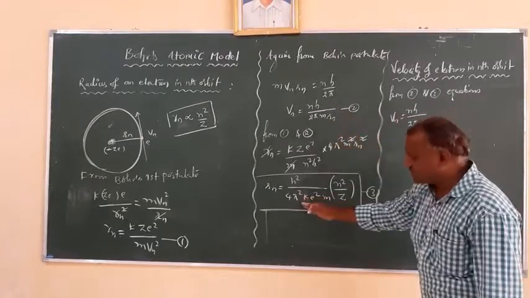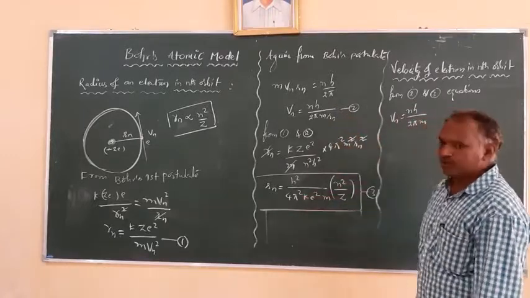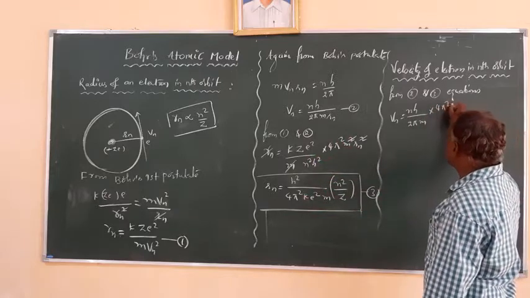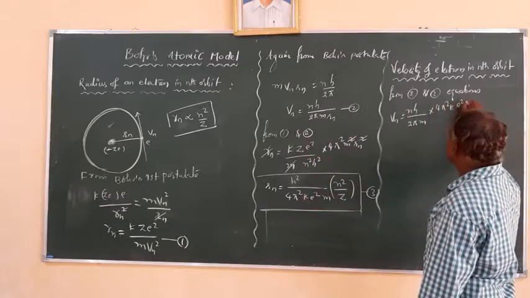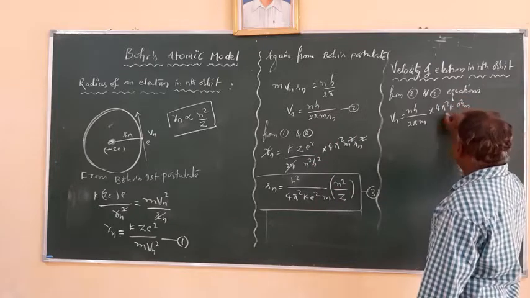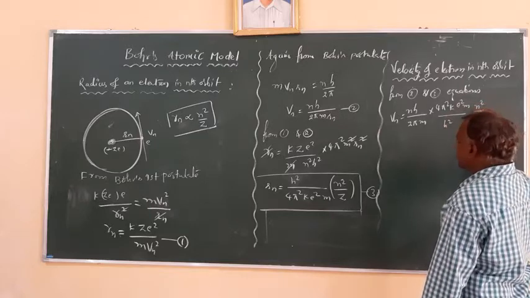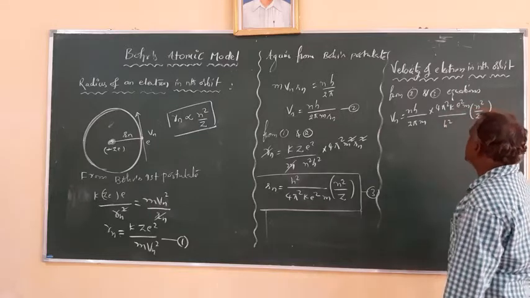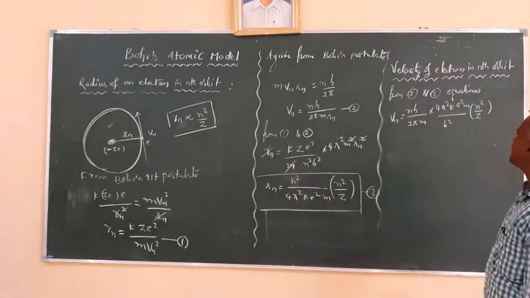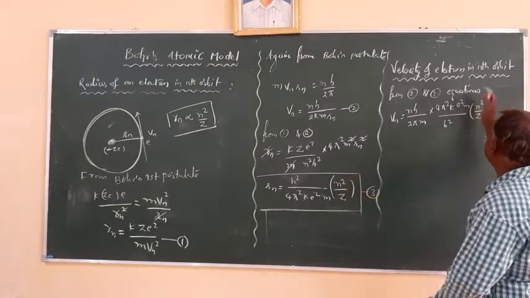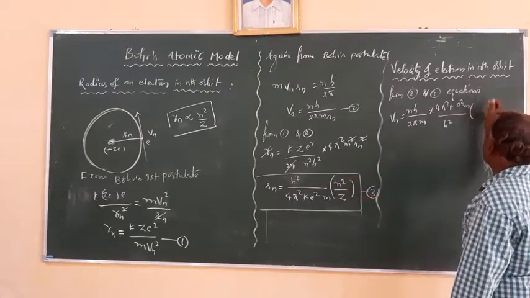So Rn is this, 1 by Rn, make it reciprocal. That means I can write here 4 pi square k e square m by h square into n square by z. So this will be made reciprocal, that is z by n square.